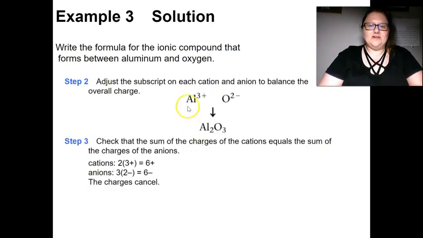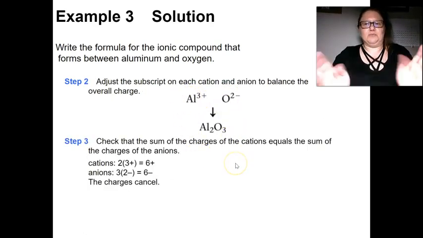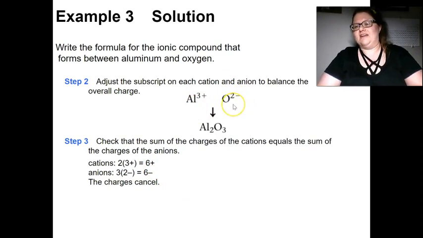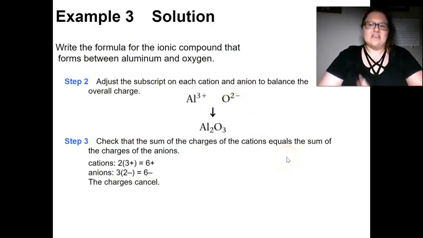And so after we write the charges, we would then place the element symbols right next to each other, because we know formulas are written that way. And it talks about these ratios that you need to balance the charges out. So how many of these +3s do I need to balance out a certain number of -2s? Okay, there's an easier way to do this that works every time, and that's called the crisscross.